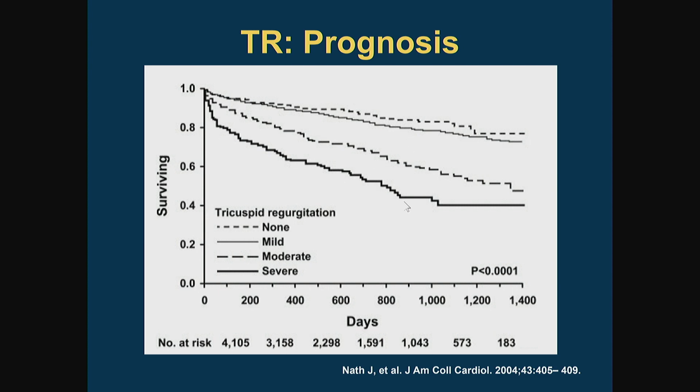It highlights that the worse the amount of quantitative tricuspid regurgitation, the worse that patients' survival is, regardless of left ventricular ejection fraction or pulmonary pressure, and independent of factors like age, biventricular systolic function, and right ventricular size.